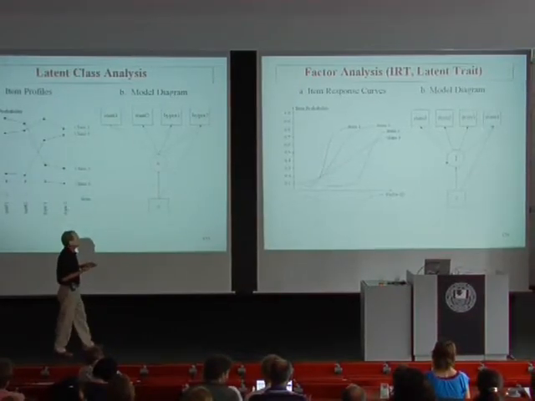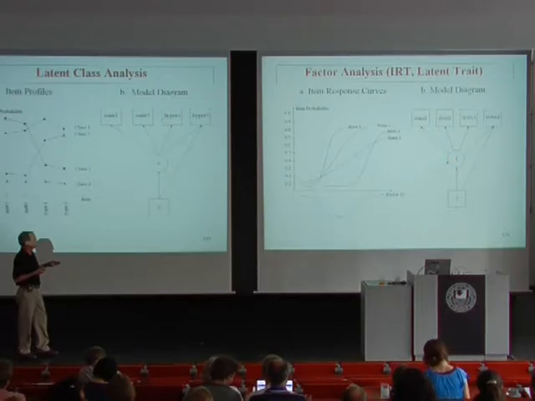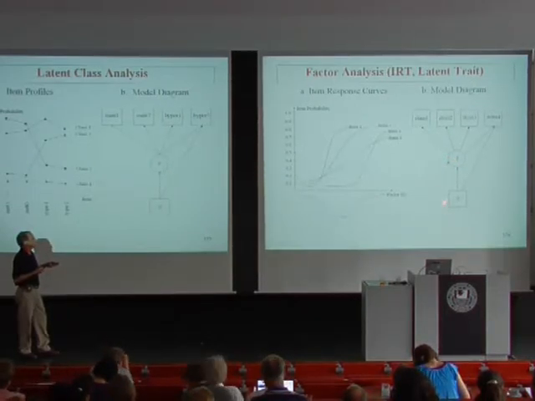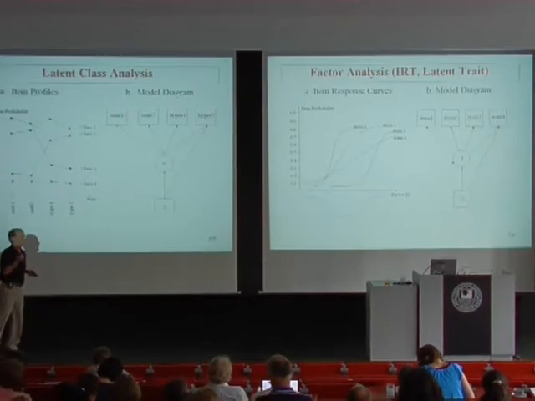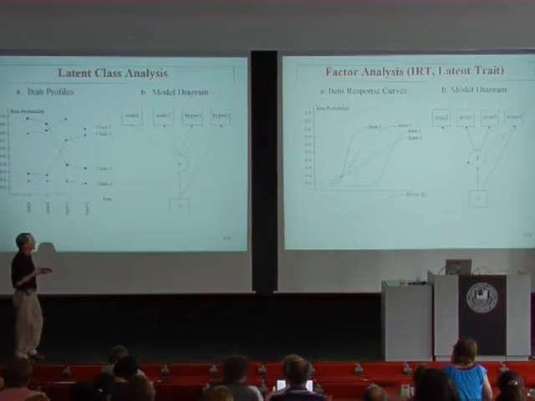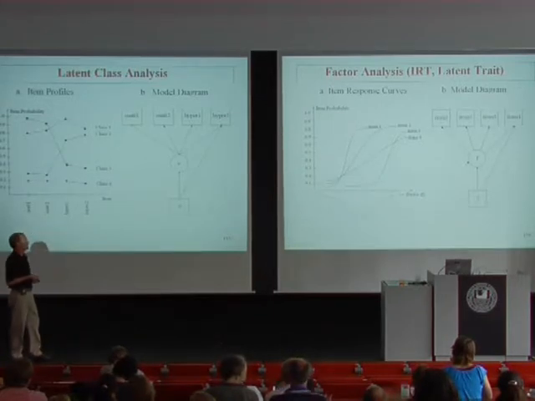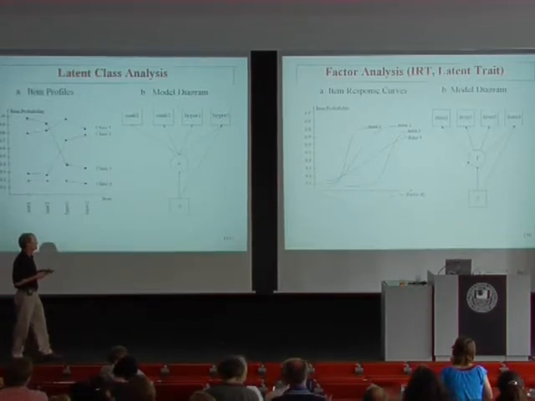Typically, in IRT, you have only one latent variable, one factor. Typically, in IRT, you don't have an X variable. So in topic 2 that you have on our website, a video, we talk about IRT a little bit more and describe how this kind of modeling relates to standard item response theory, which is used in educational measurement and testing.